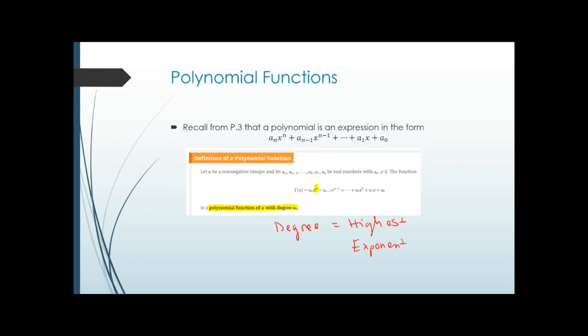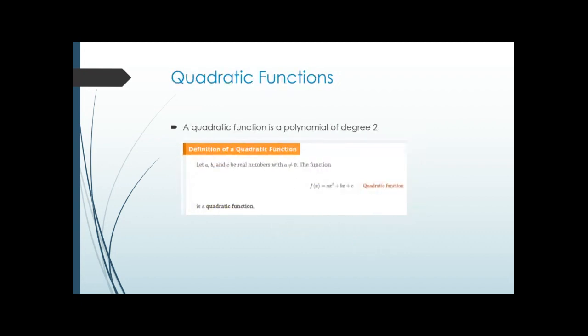The degree is the highest exponent. So for quadratic equations, the highest exponent is 2, so that means it's degree 2. And so the basic form is ax squared plus bx plus c.